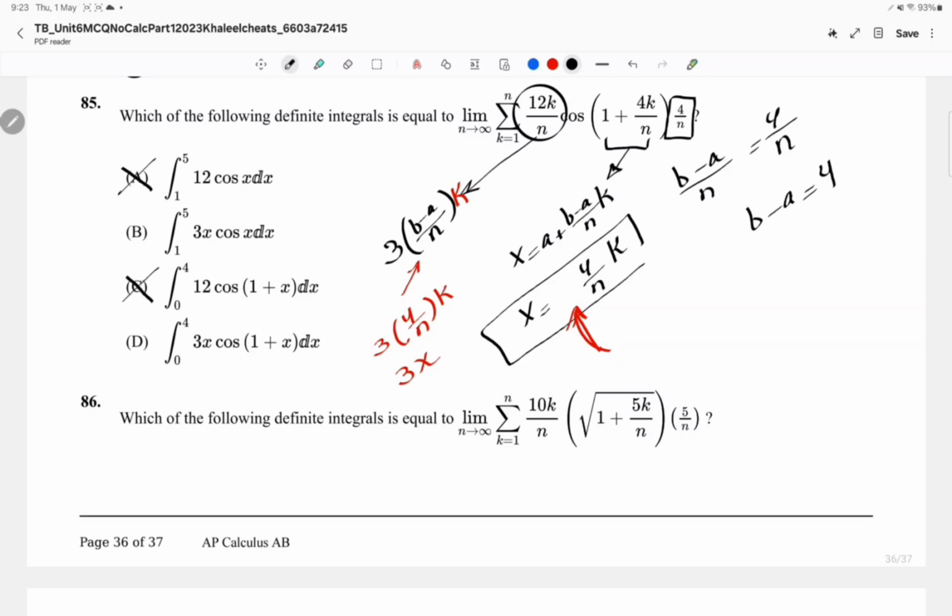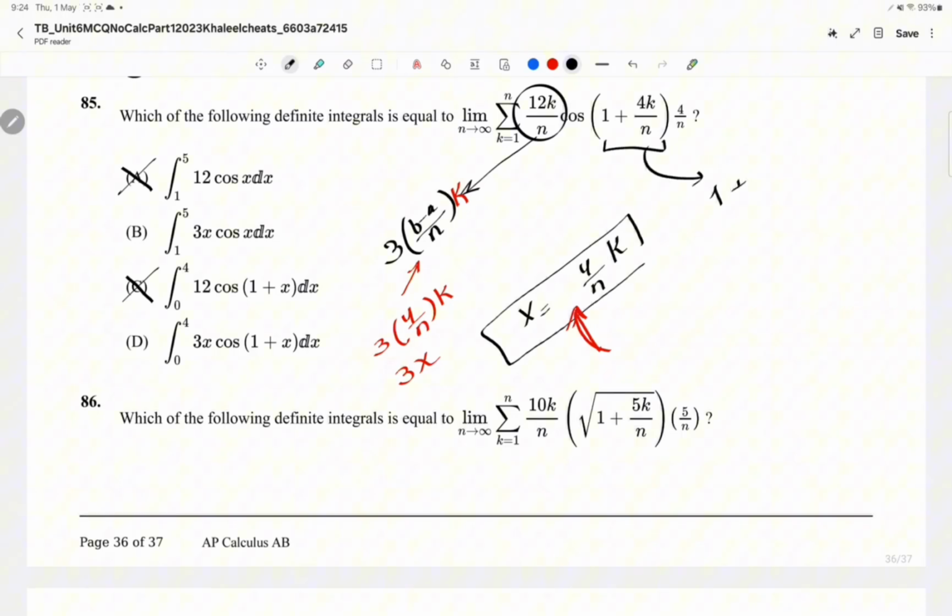And let's get back 1 second. So if x is equal to 4 over nk, then this would be 1 plus x. That means you will have cosine of 1 plus x. Okay, and when the x is equal to 4 over nk, then the 3x on the outside would be 12 over nk.